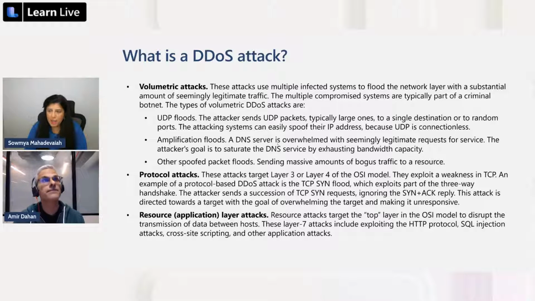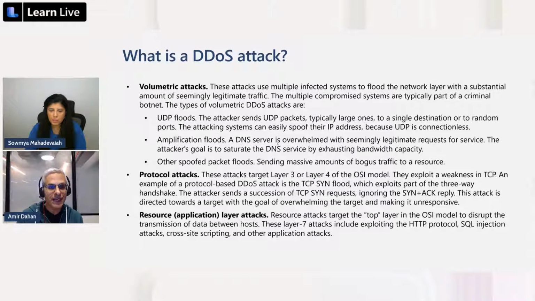So, Amir, as you explained very well, DDoS attacks happen at layer 3, layer 4, and layer 7. What layer does Azure DDoS protection cover? Okay, great question. Azure DDoS Protection Service is focused on volumetric attacks and protocol attacks, so we cover attacks from layer 2 to layer 4, and we detect and mitigate those attacks automatically, as we will describe.